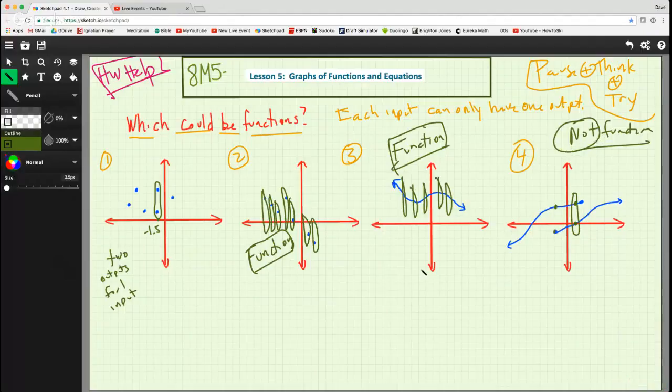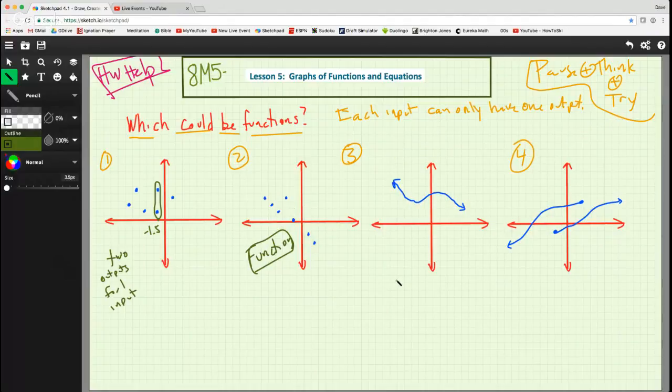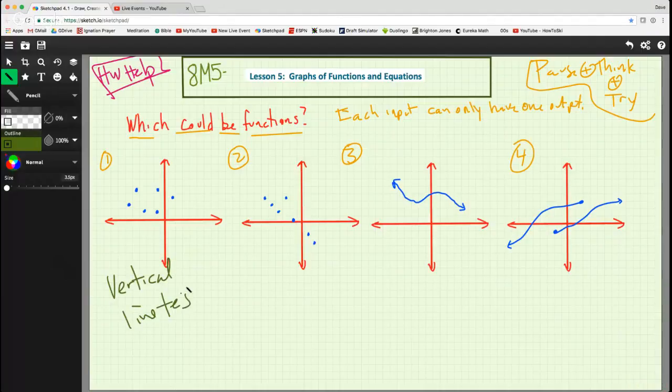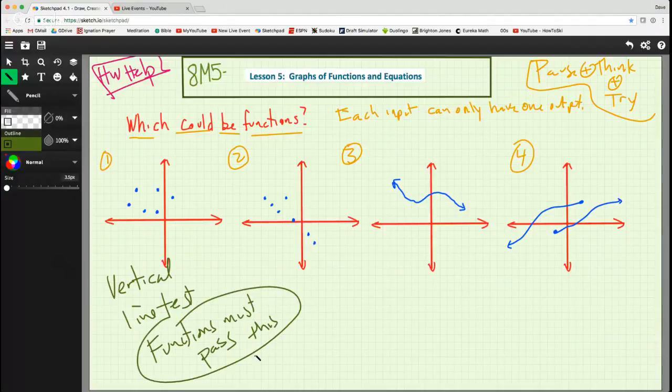Another way to look at this, I'm just going to do this really quick. I wasn't planning on this, but let's look at this thing. It's called the vertical line test. This is something that some teachers teach, and so I'm just going to show it to you real fast. I've talked about it before, the vertical line test. So a function must pass this test.